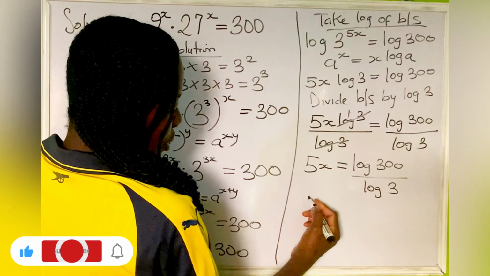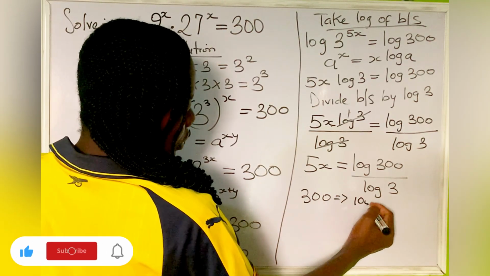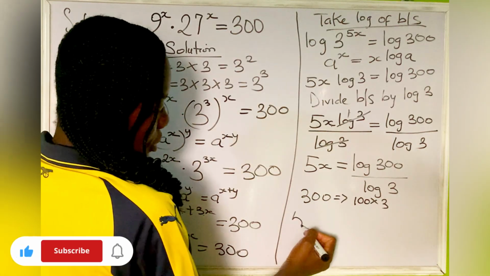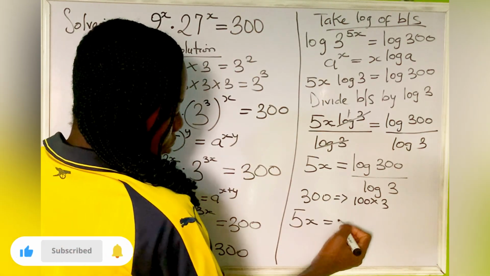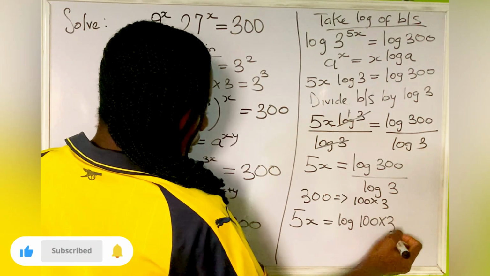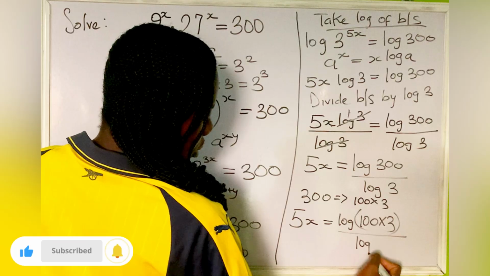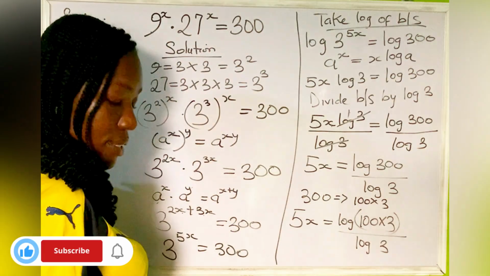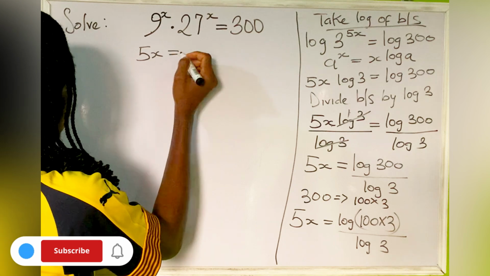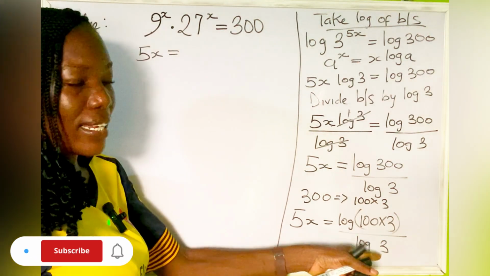And we can rewrite 300 as 100 multiplied by 3. So let's rewrite that. So this is 5x is equal to log of 100 multiplied by 3, all over log 3. All right? So when you have multiplication inside a log, it becomes addition.